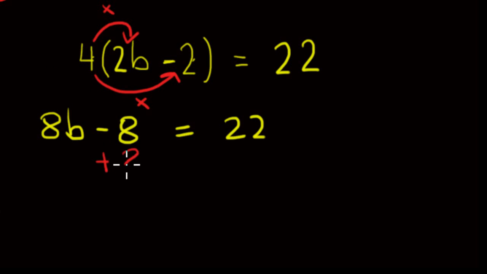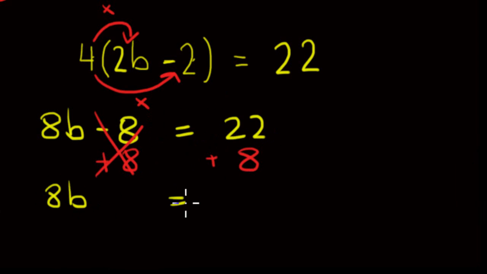Alright, so once you've done that, your normal steps, which would be plusing 8 to both sides, and that will cross out, and that would be 8b left on this side equals 22 plus 8 is 30 left on this side.